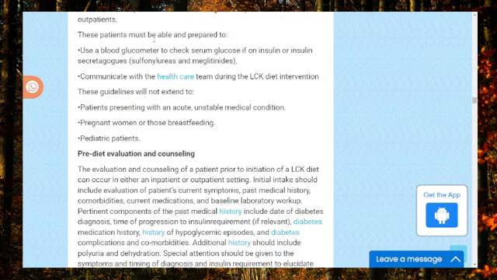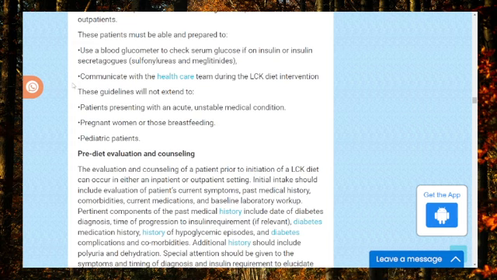These patients must be able and prepared to, number 1, use a blood glucometer to check serum glucose if on insulin or insulin secretagogues, sulfonylurea, and meglitinides, those are the kinds of medication or groups of medications.